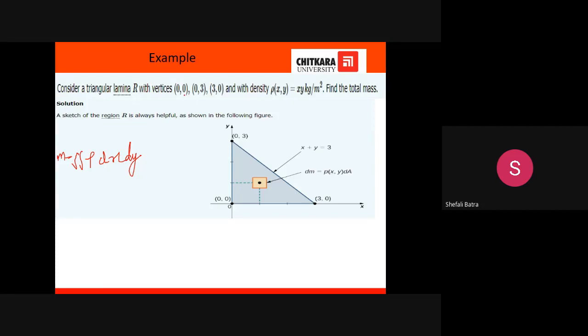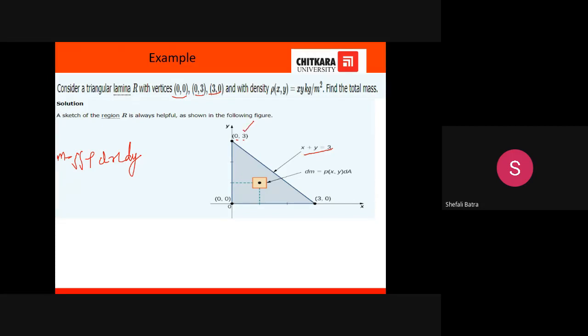Right? And then you'll be having 3 vertices: (0,0). So x coordinate 0, y coordinate is 3, so this point is (0,3). And (3,0), this is (3,0). So you are joining these points and this is the line x plus y is equal to 3. When you are putting y equal to 0, then x is equal to 3.